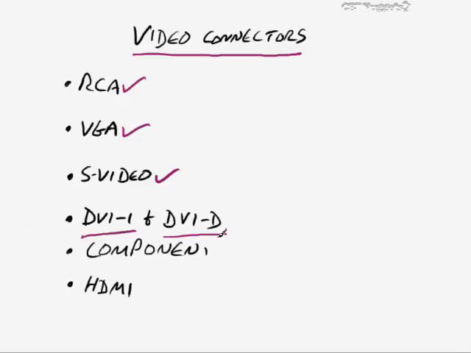That's another one of the big advantages of this type of connector over something like RCA and VGA. These are both analog types of video output, whereas digital is going to be, of course, more accurate, and it's going to give you a better picture. The DVI-I is capable of both analog and digital. The DVI-D cable is capable of only digital signals.